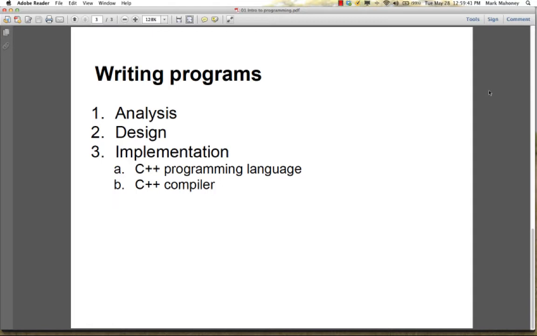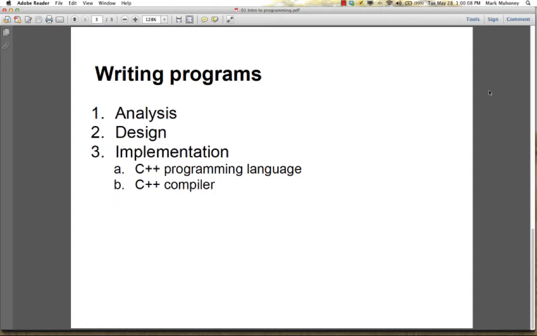I might refer to users or customers in these lectures. They basically mean the people who are going to be using our programs. All programs create something useful for their users. Otherwise, why would you use a program if it didn't provide something of value to you? Okay. If the programmer does not understand the customer's problem, then there's no way they can write a program to solve that problem.